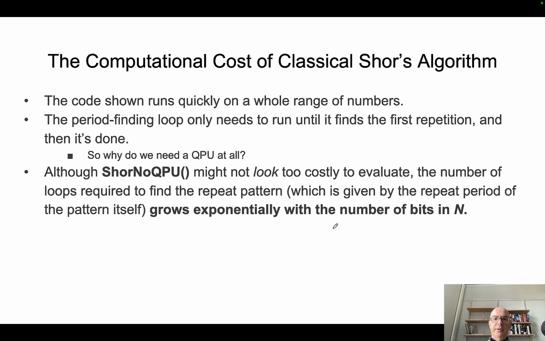What is the cost of this? Well, the code shown here runs quickly on a wide range of numbers. However, the complexity is biting back. We saw that there is a power of 2. The period finding loop only needs to run until it finds its first repetition. However, this grows exponentially with the number of bits in n.